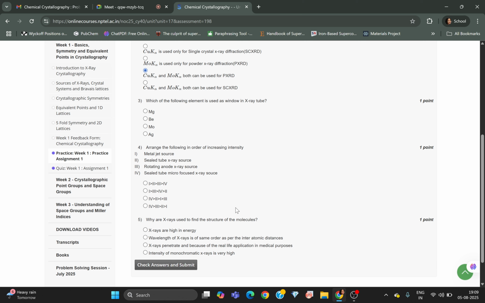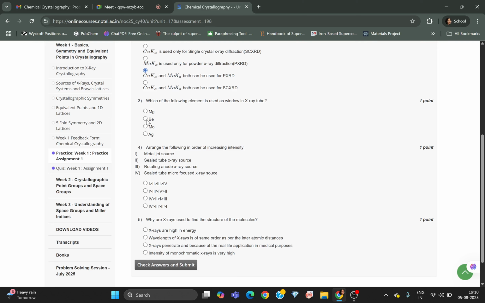Now, if we create an order, the first one will be the fourth one, sealed tube micro-focused X-ray source. Then the sealed tube. Then the metal jet one. Then the highest one is the rotating anode. Yeah, I guess this will be the answer.